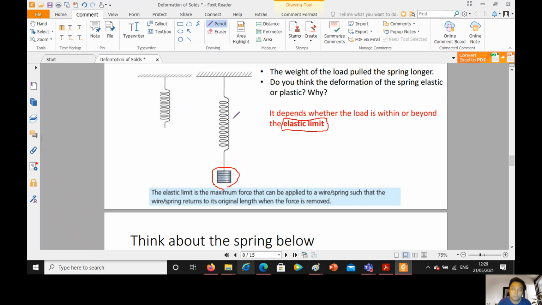After removing the load, it won't go back to its original length. That means the deformation becomes plastic. That maximum weight of the load is the elastic limit. Let's have a look at more examples.